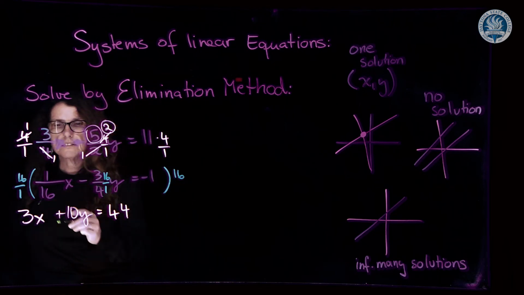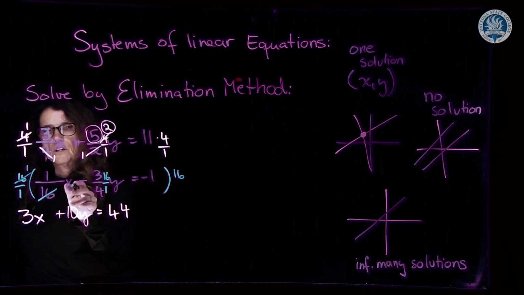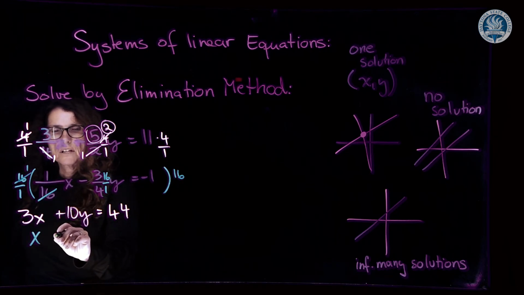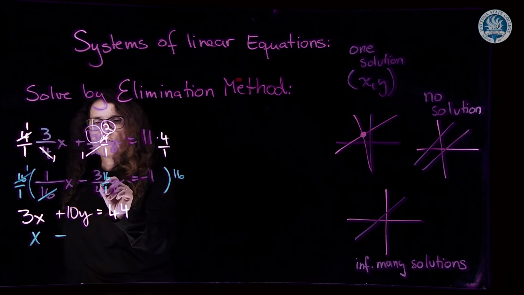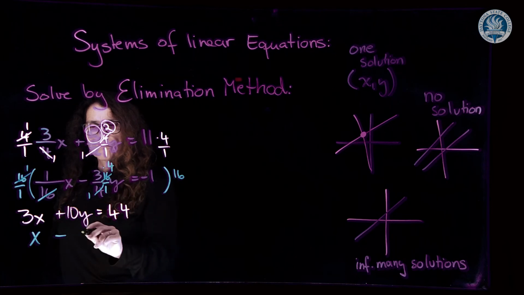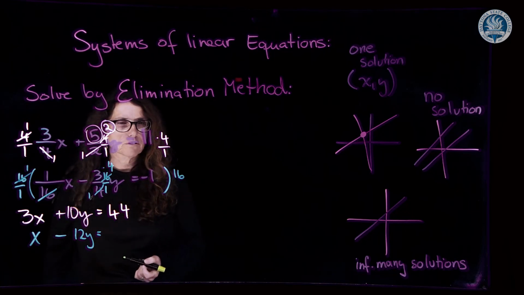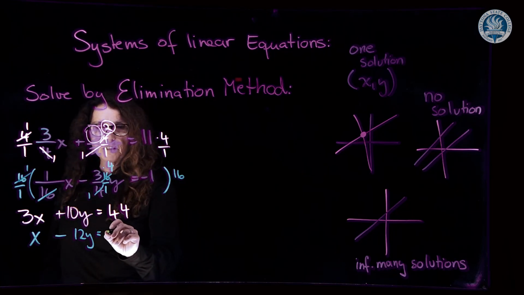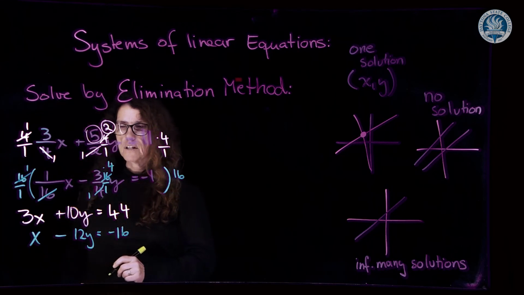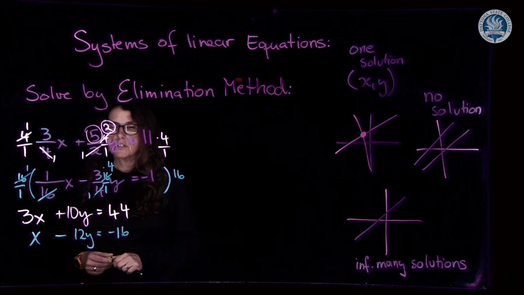Again, to clear the denominator, 16 goes into 16 once. 1 times x is x, minus 4 goes into 4 once and into 16 4 times. Don't forget this 3. Minus 3 times 4 is 12y. And here there's nothing to reduce, so we're just multiplying negative 16. This is our new system of equations.